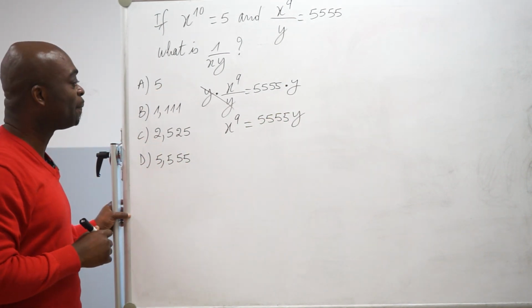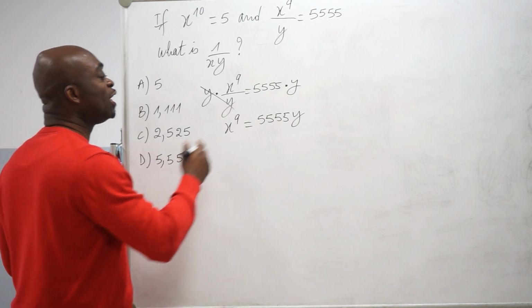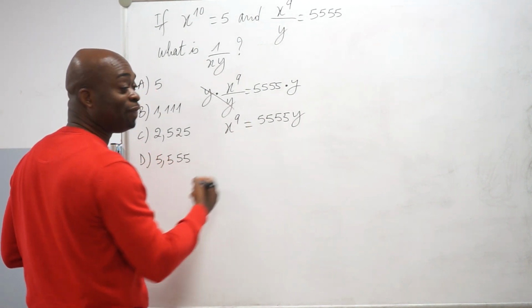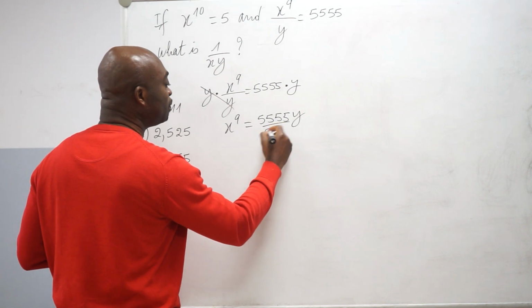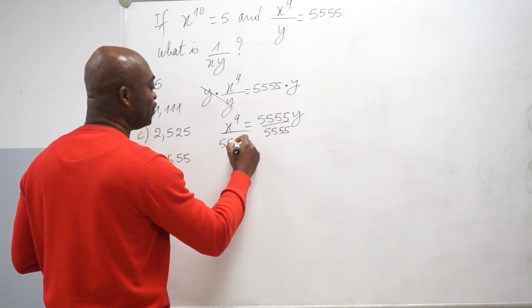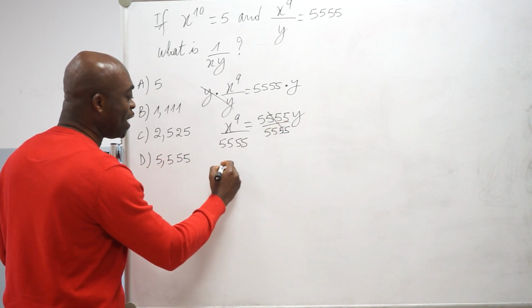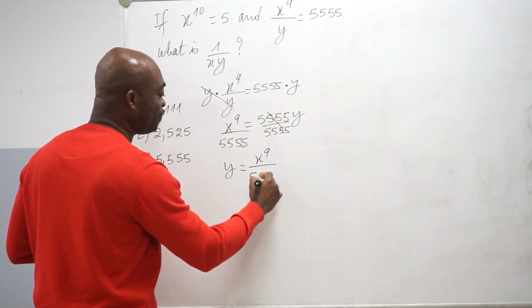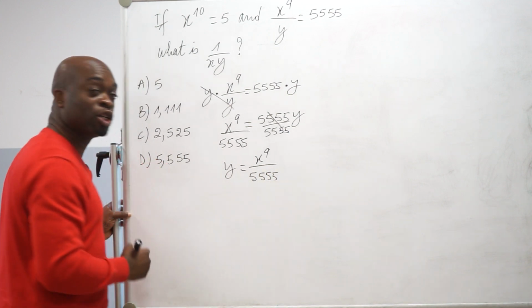That's good so far. Now we're solving for y, so it's just a matter of dividing both sides by 5555. Then y equals x^9 over 5555. All right, so that's y.